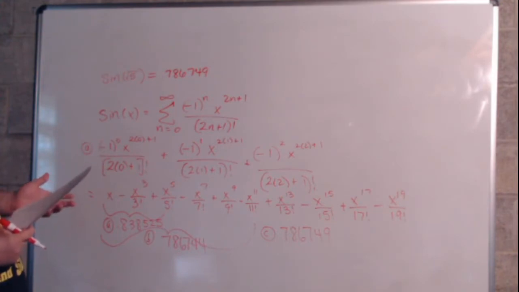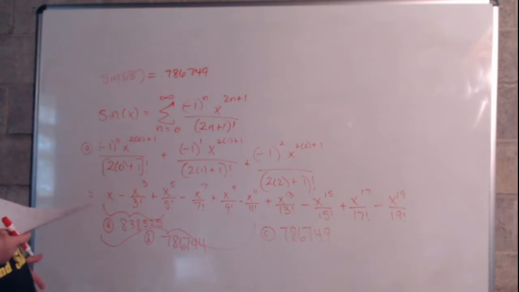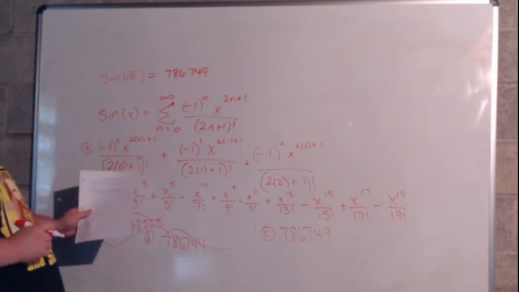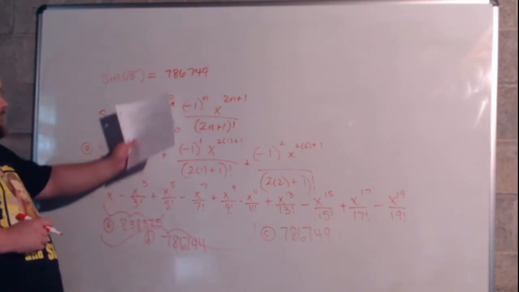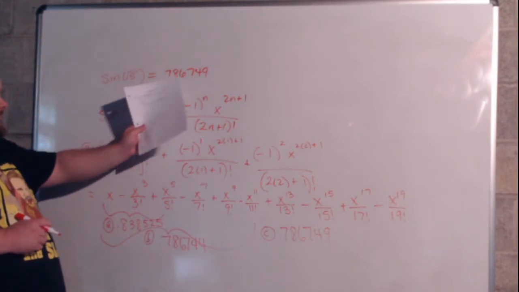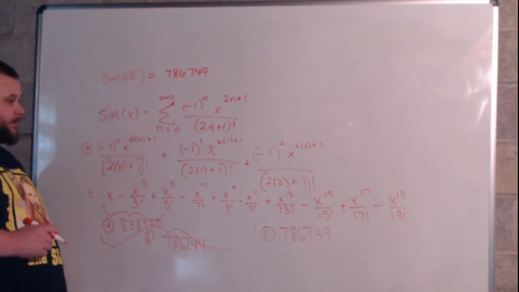And the last part just says compare and comment on the error. So just use a percent error, which would be to take the value that you have, subtract it from this value, divide by this value, and multiply by 100.